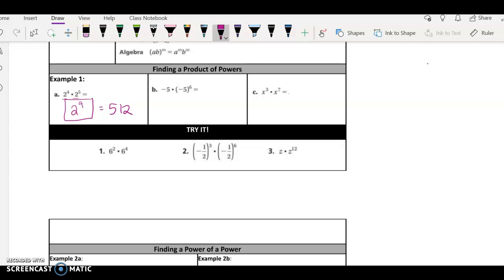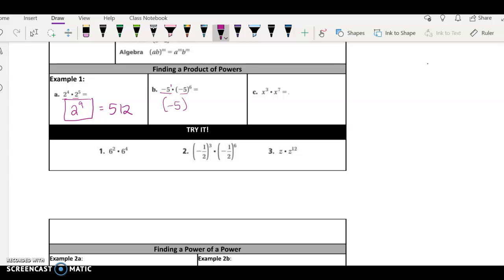So here, again, we have the same base. And the reason it's the same base is because this is just one of them. So it's like having the power of 1. And then this is telling us that the negative is with the 5, which matches our 1 on the outside. So we have negative 5 to the 1st power times negative 5 to the 6th power. So we keep our base the same, but we need to put it in parentheses.